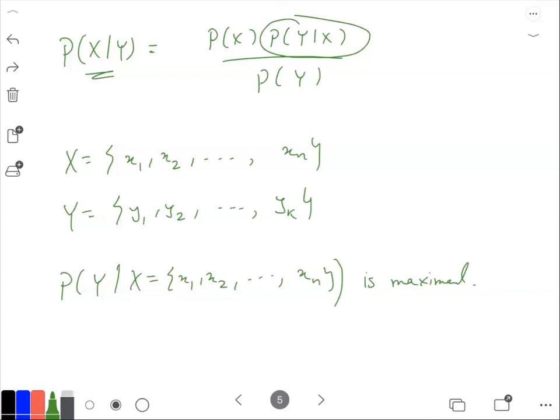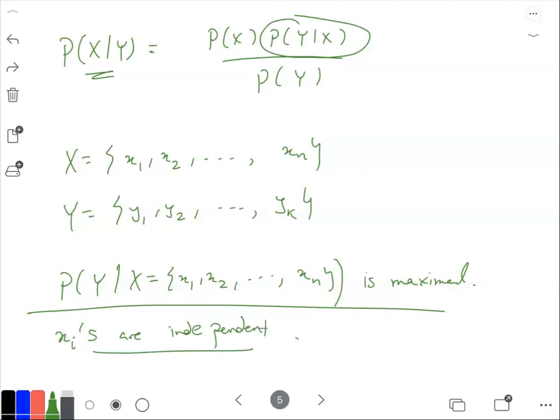Then what we can do is something naive, which is basically where the naive Bayes model comes from. We can say that the xi's are independent. This hinges on the fact that we can treat the xi's as independent, which will obviously very rarely be true.